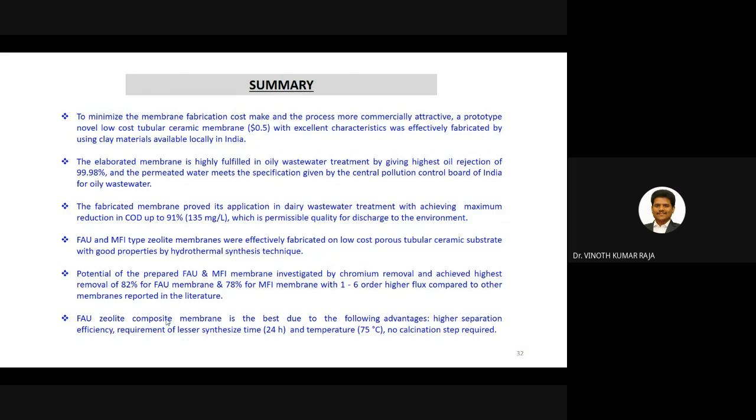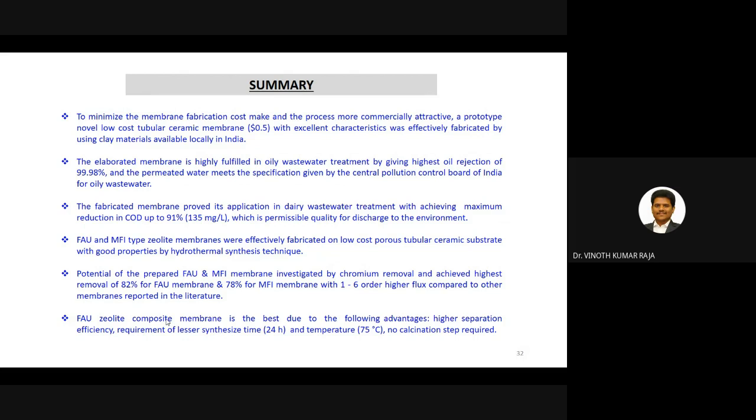And the elaborated membrane is highly effective in oily wastewater treatment, giving the highest oil rejection of 99.98 percent, and the permeated water meets the specification given by the Central Pollution Control Board of India for oily wastewater.